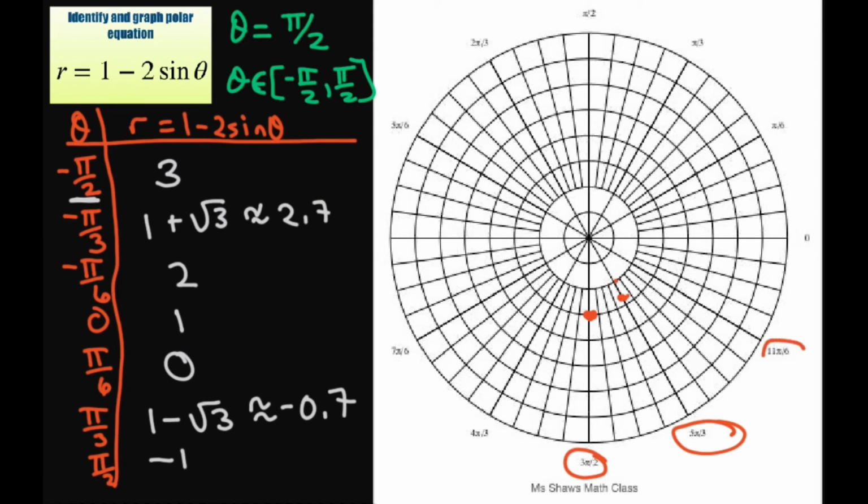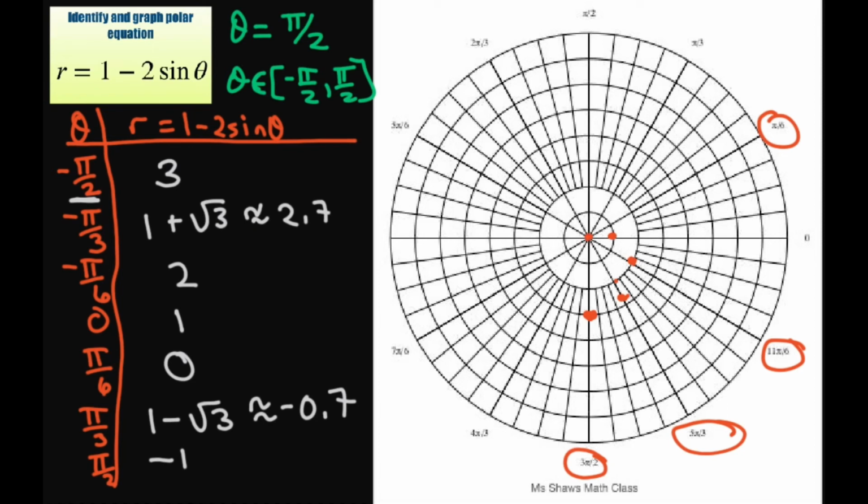At negative pi divided by 6, we're at 2. At 0, we're at 1. At pi divided by 6, we're at 0.